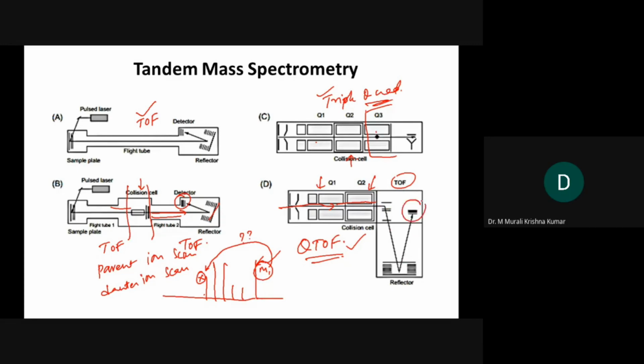In the spectrum, not all the peaks will come. If X is a fragment of M1, X will appear in the final spectrum. If X does not appear, then we can say X is not a fragment obtained from M1. So this type of MS/MS analysis is possible.